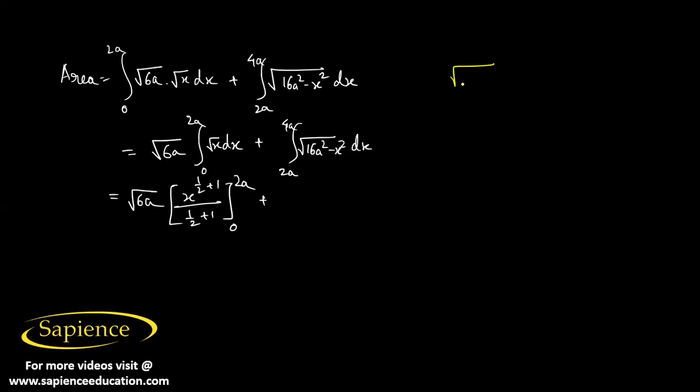Suppose I ask you the integral of the square root of b square minus x square dx, that will be equal to x by 2 square root of b square minus x square plus b square by 2 sine inverse x by b. So this formula we will use.